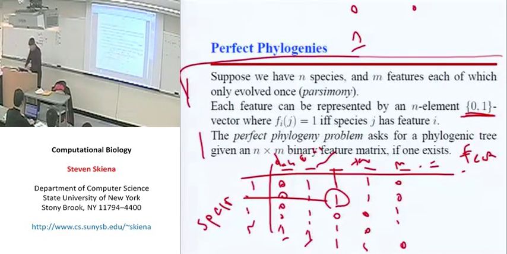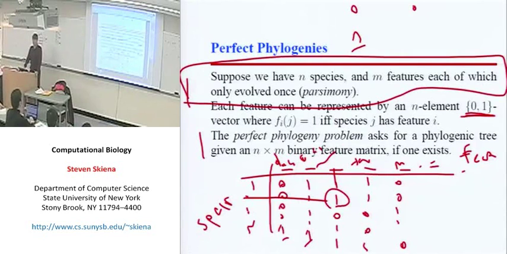And the key idea here is this only makes sense if we assume that these features are hard to evolve. Namely, imagine we live in a world where each of these features is so complicated that you can only imagine natural selection inventing it once. And if so, what does that mean?